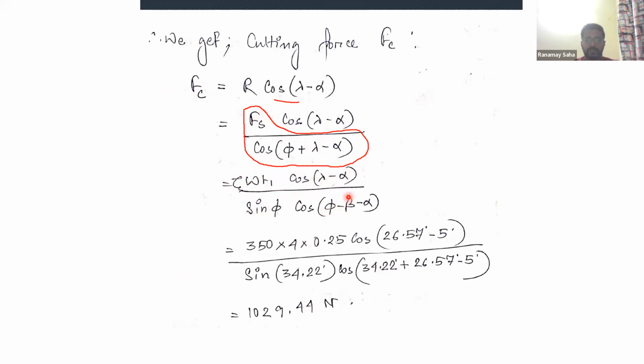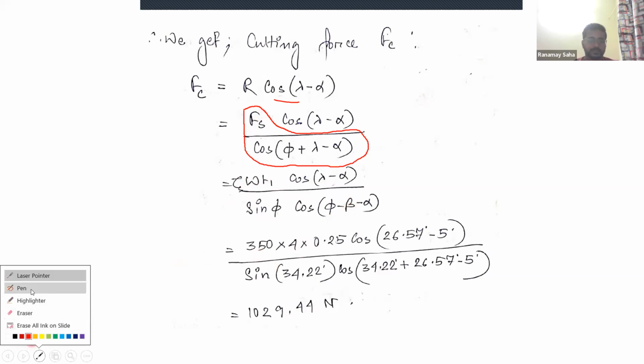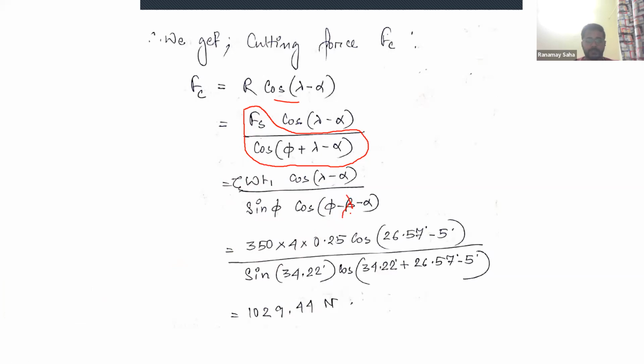Phi has been calculated, beta is equal to lambda here, beta is actually lambda, same thing. And then alpha is the rake angle given to be 5 degrees. Once you put all these things here, you get the cutting force value to be around 1000 newtons.